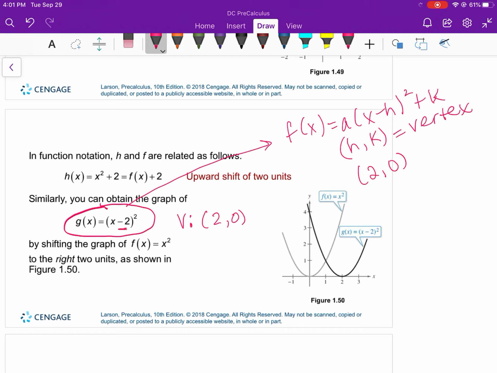So we have the 2 right here, and then you're just adding 0 on the end. So it's the same thing as taking x squared and moving it right 2. Vertex is 2, 0.